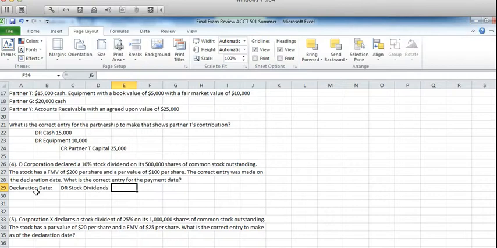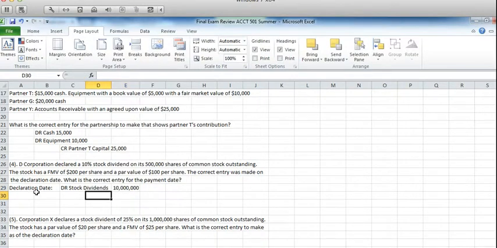Since they're selling right now for $200 a share, 50,000 times 200 is 10 million, I believe. Yeah. Okay, so that's the stock dividends.